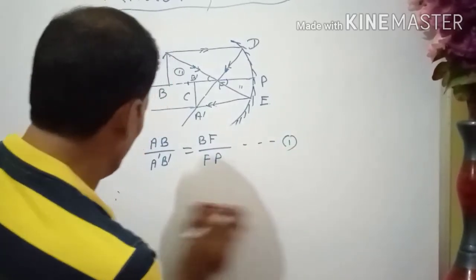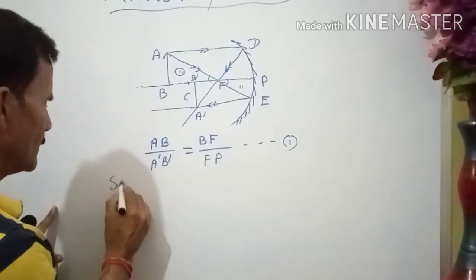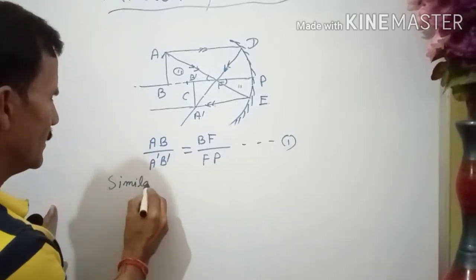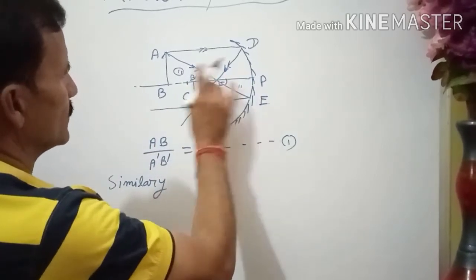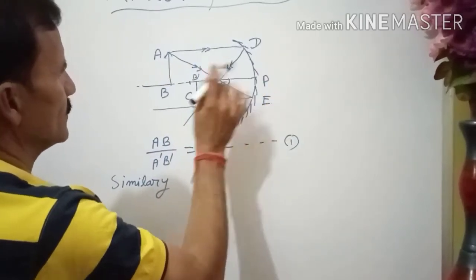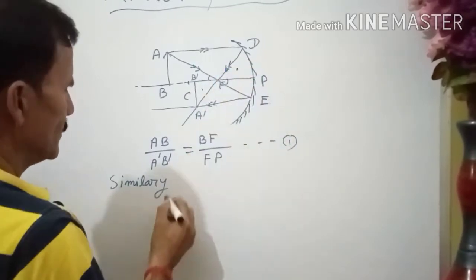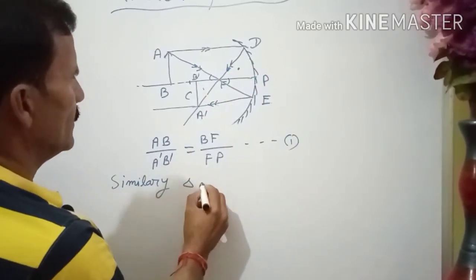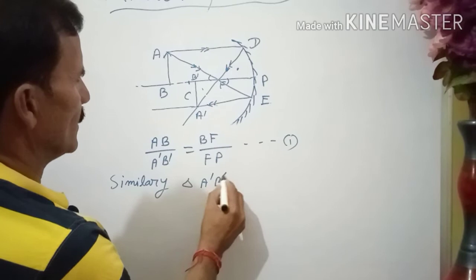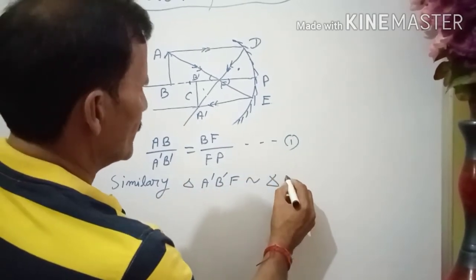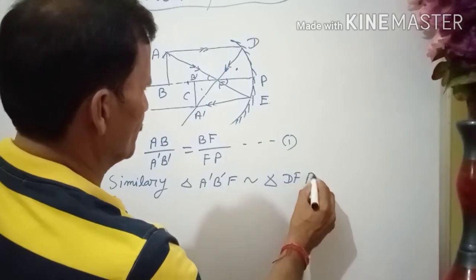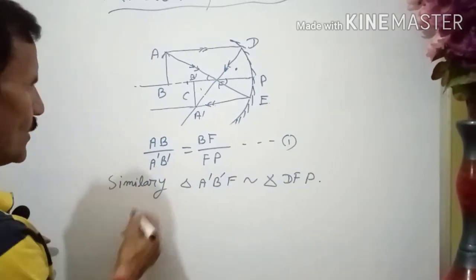In the same way, similarly, the same region is there. These two triangles, suppose we are not taking this and this. Similarly, triangle A dash B dash F is similar to triangle DFP. So what will you get?